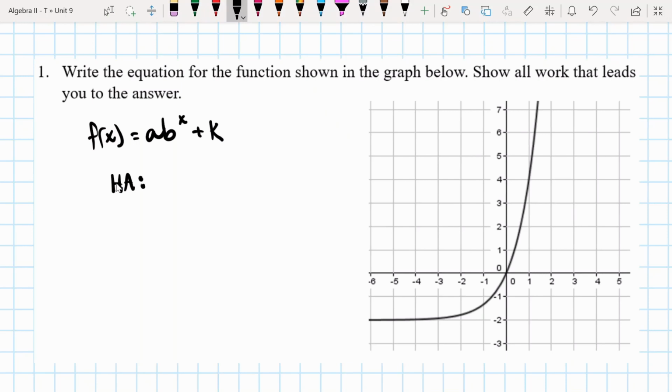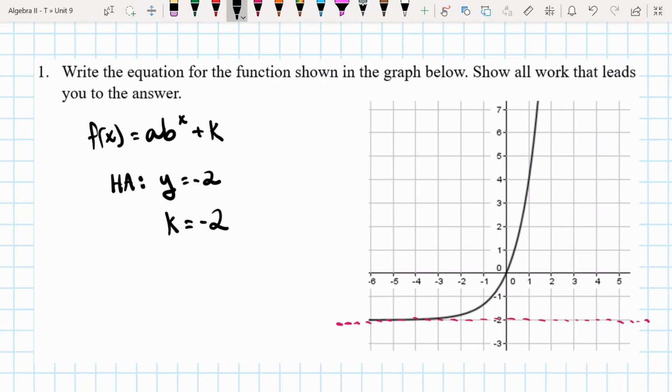The horizontal asymptote is the y value where the function levels off. And in this case, that's going to be y equals negative 2. The horizontal asymptote is useful in this case because it will give us the k value. So the k value is equal to negative 2.